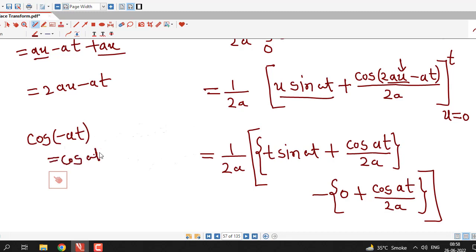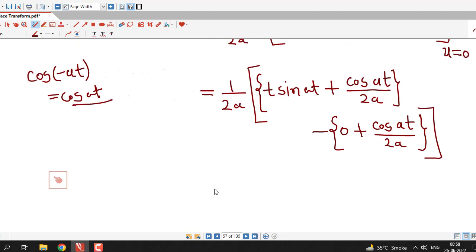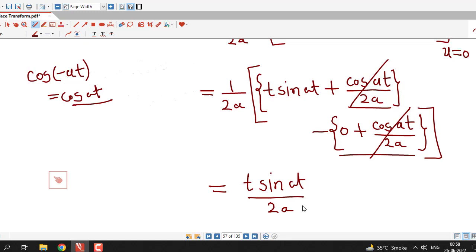Here I am using the fact that cos is an even function. And now we can see here we will have minus cos at divided by 2a. This is plus cos at divided by 2a. So they will cancel each other and we are left with t sin at divided by 2a.